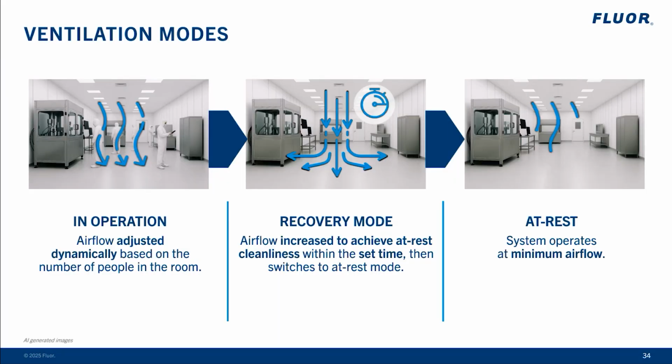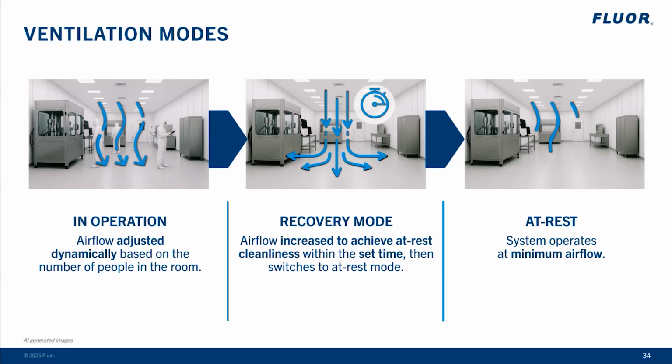Cleanroom ventilation operates in three distinct modes: in operation, recovery, and at rest. During operation, airflow is adjusted dynamically based on the number of people in the room. This ensures that contamination risks are managed in real time. In recovery mode, airflow is increased to restore at rest cleanliness within a target time.